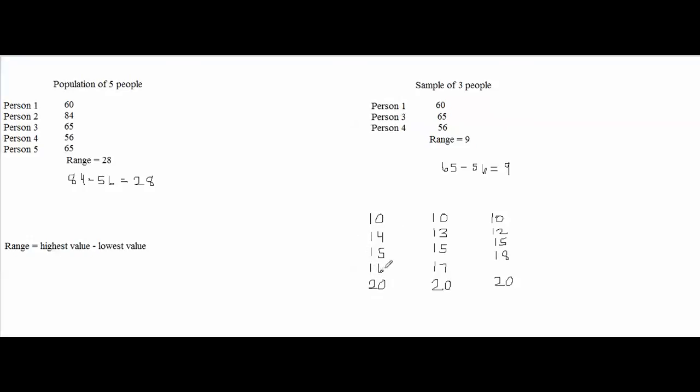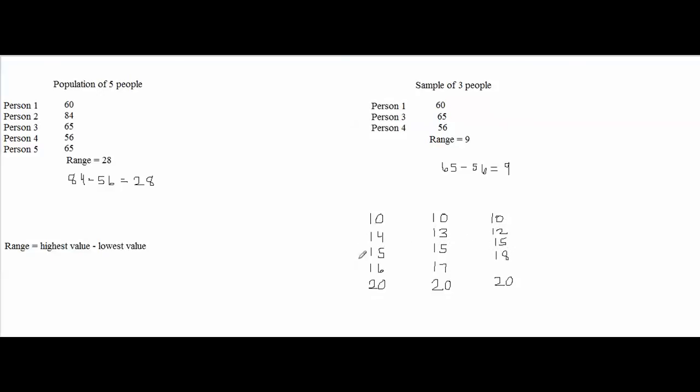They're only 1 apart. These 3 numbers are 2 apart, so these 3 numbers have more dispersion than these 3 numbers over here. And these 3 numbers are 3 apart, which is more dispersion. So as we go from this list to this list to this list, we're seeing more and more dispersion between these 3 middle numbers.